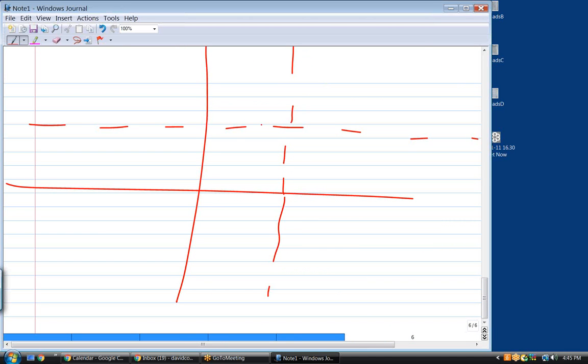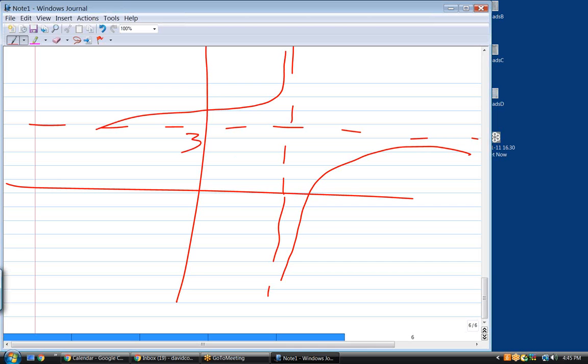Well, I might have this set of asymptotes and this kind of curve. What happens as x goes to positive infinity? Y goes to 3. What happens as x goes to negative infinity? Y goes to 3.